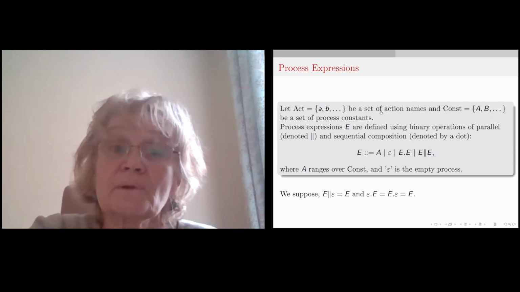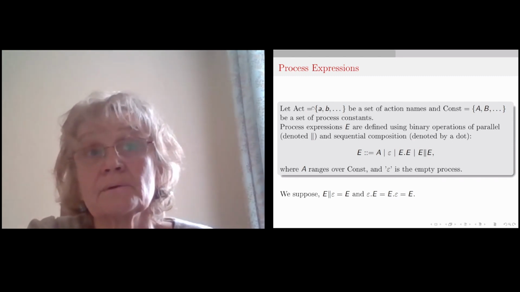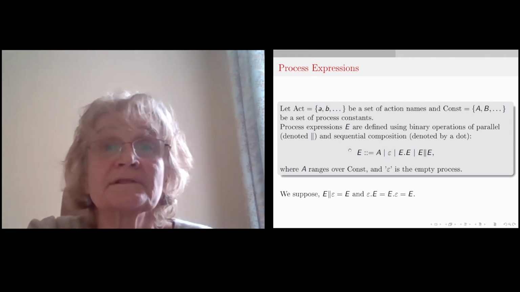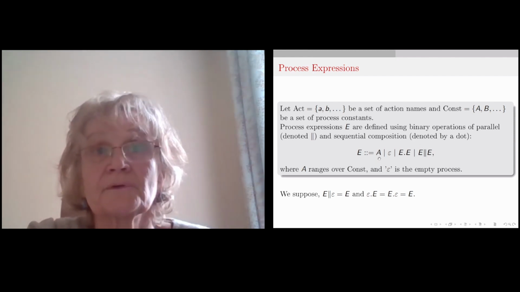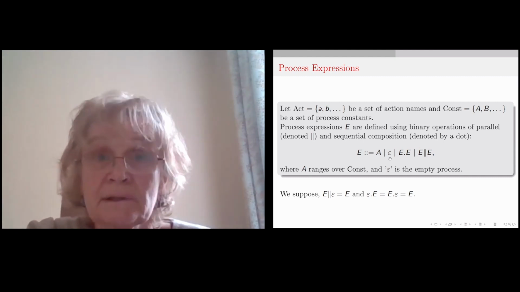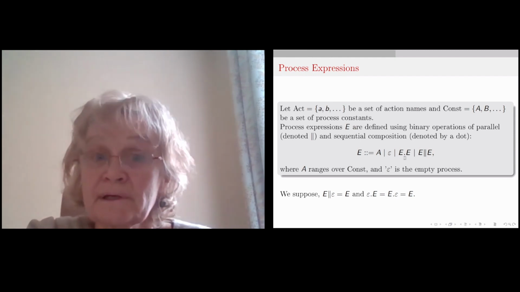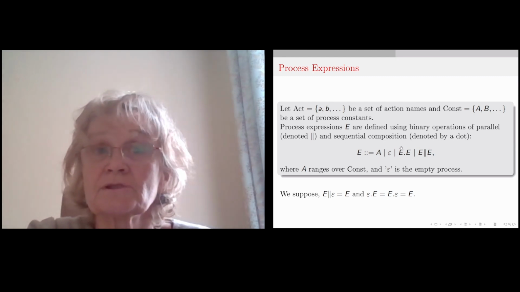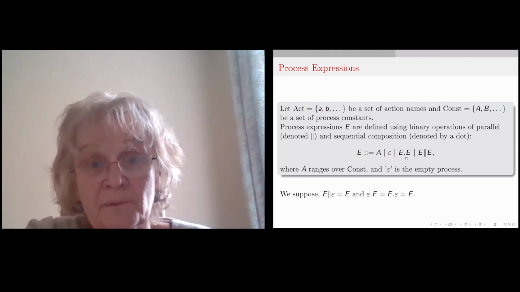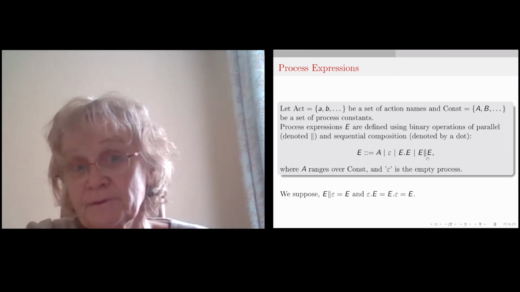First of all, we define process expressions, and we have some alphabet of actions. This is the definition, and you see it is quite simple. It is an atomic action, or there is a special invisible action. Also, we have sequential composition: if E is a process expression, then do E and then once more, and this is a parallel composition.